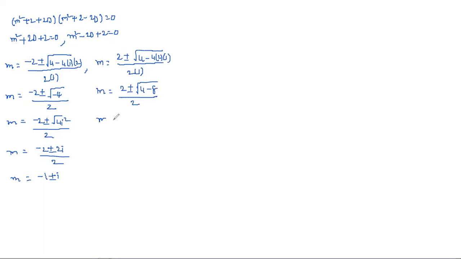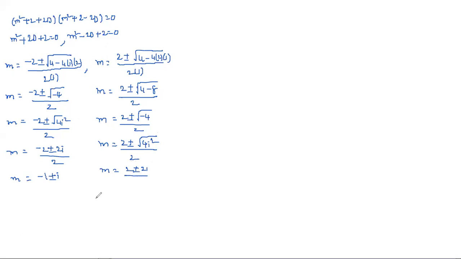So m is equal to 2 plus or minus square root of minus 4 by 2. And then simply how can you write this one? For removing minus we can write it as i square. So m is equal to 2 plus or minus 2i by 2.